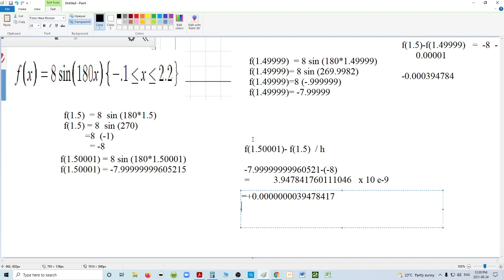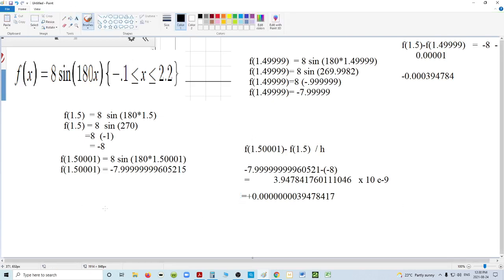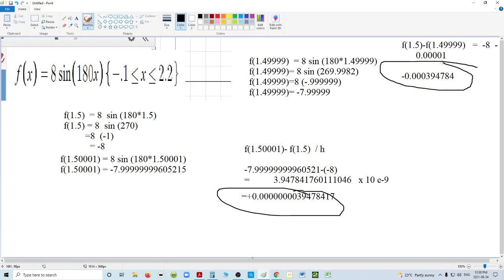So we can see that since the rate of change just to the right of it is positive and close to 0, and the rate of change of the x value just to the left of it is negative and close to 0, we must be dealing with a minimum value.